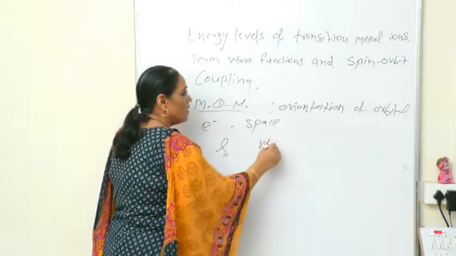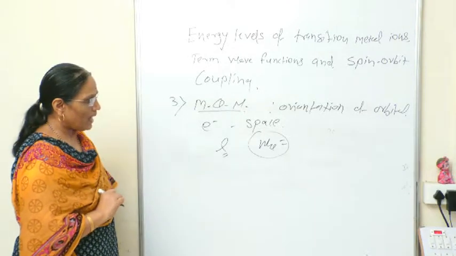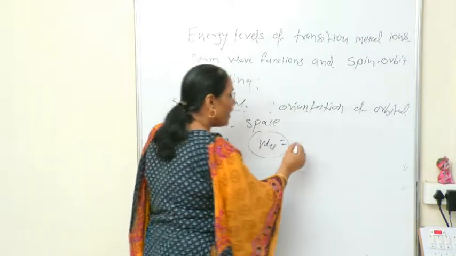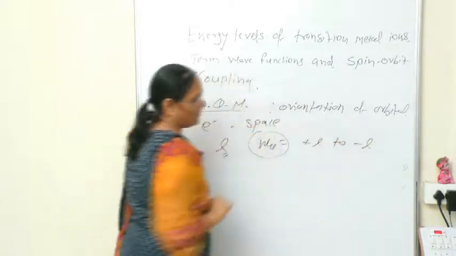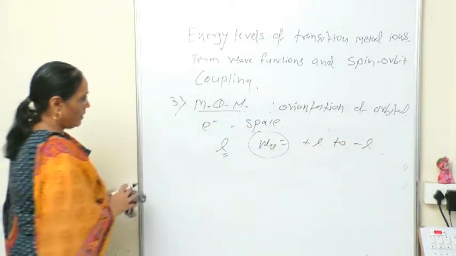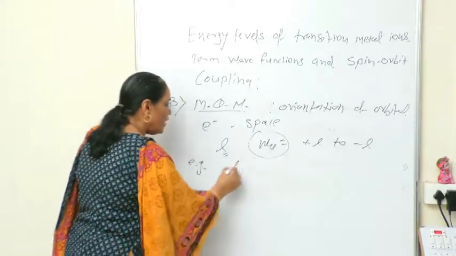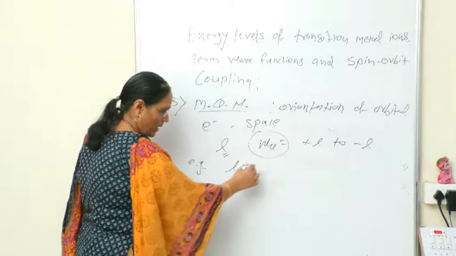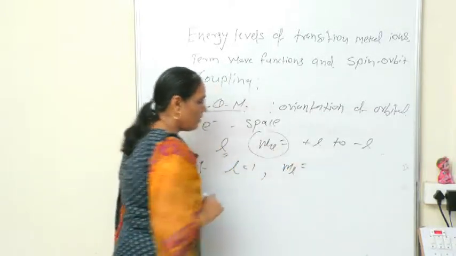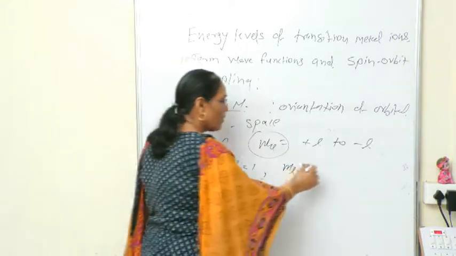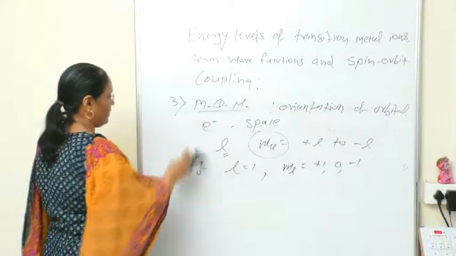It is denoted by the letter ml, and it can have values from plus l to minus l. For example, when l is equal to 1, magnetic quantum number values may be +1, 0 and -1.